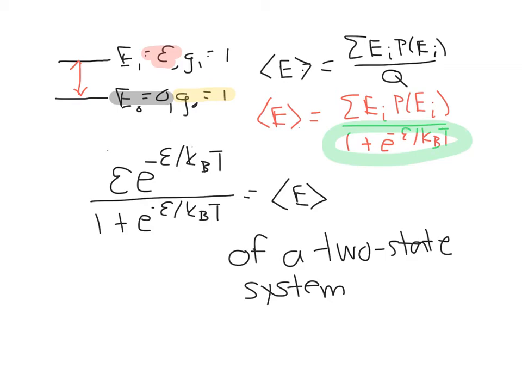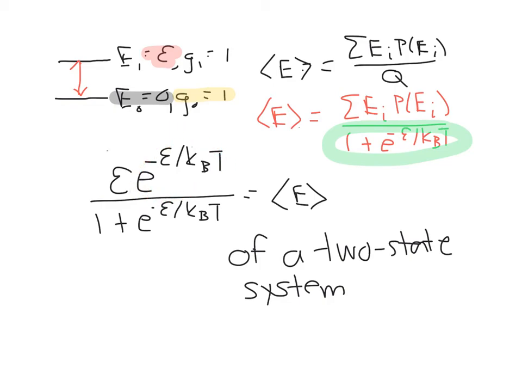So notice that as the difference in energy between the ground state and the upper state, so the value of epsilon, increases, this fraction will decrease, because as epsilon increases, e to the minus a larger number is a smaller number, and so this fraction decreases.